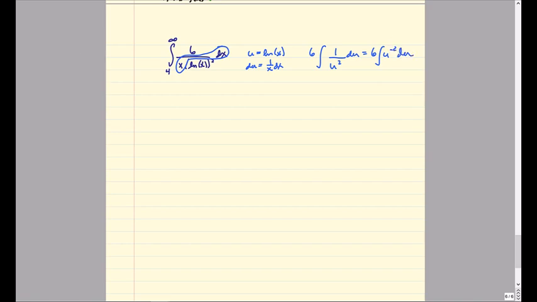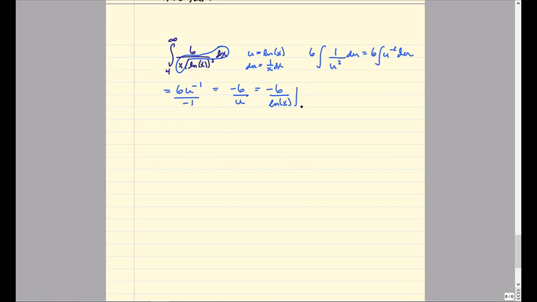So now I guess I could change my limits of integration. I don't think I will on this one. I don't think I need to. Plus we're going to get natural log of 4 as one of my limits of integration. So I'm going to go ahead and integrate, add 1, so I'd get negative 1 divided by negative 1. So this is a negative 6 over u. And then I'll evaluate that. Actually, I won't. I'll make a substitution. u is natural log of x.